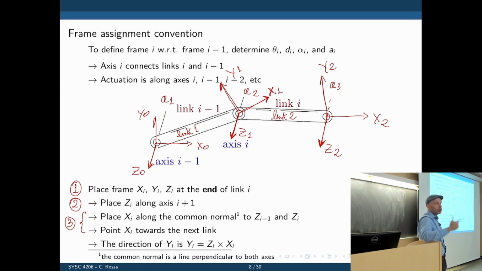We need 2 transformations, one from frame 2 to frame 1, and then one from frame 1 to frame 0. Each of those transformations is made up of 4 basic operations, those 4 basic operations that we saw earlier.